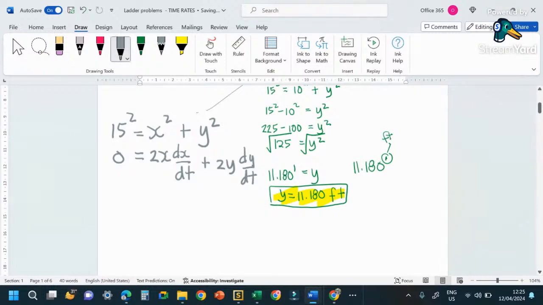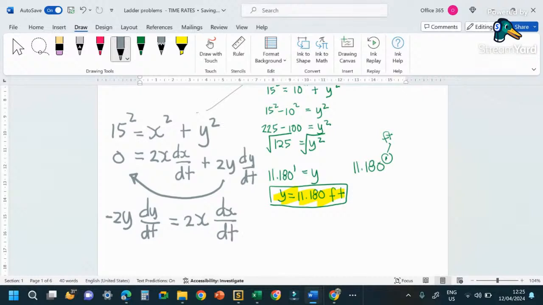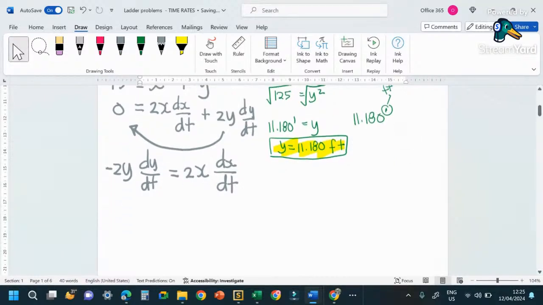Okay. So now we can move our 2y dy over dt to the other side, which will be negative 2y dy over dt is equal to 2x dx over dt. Because there are 2s on both sides of the equation, you can cancel them out.